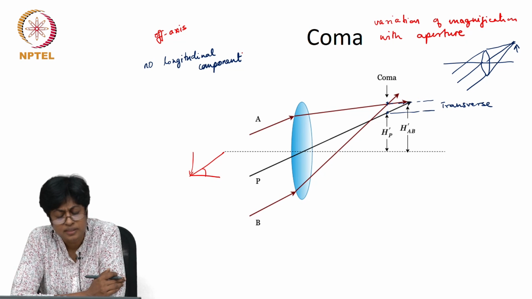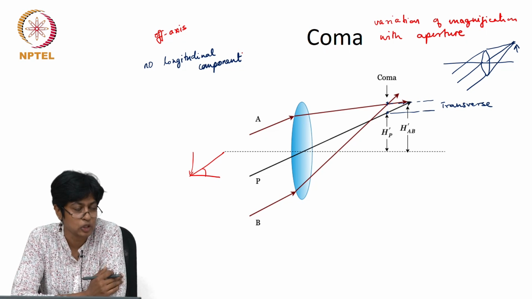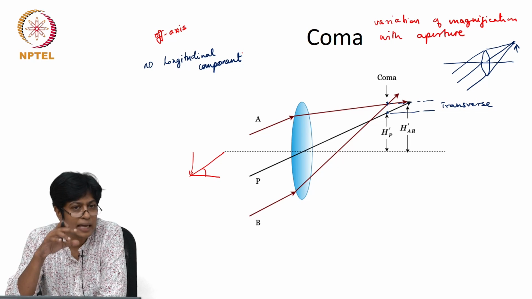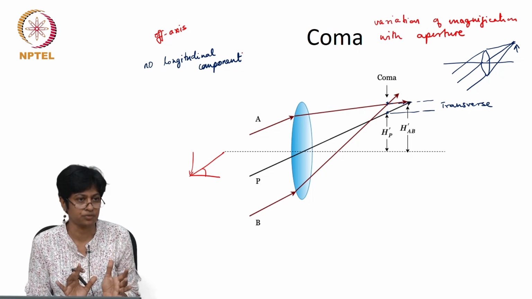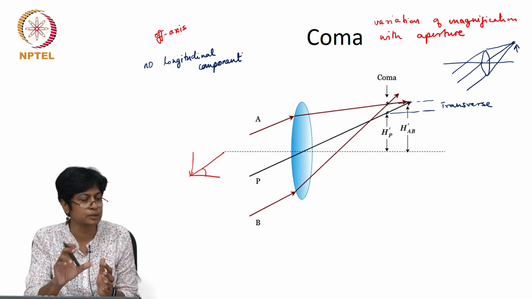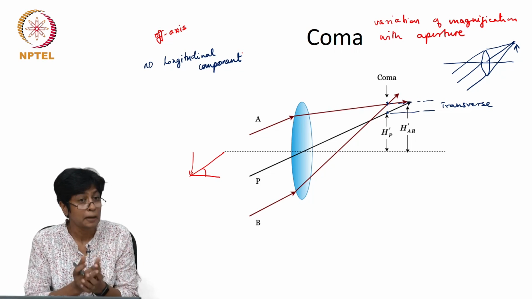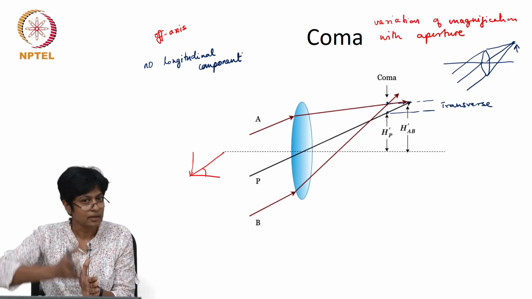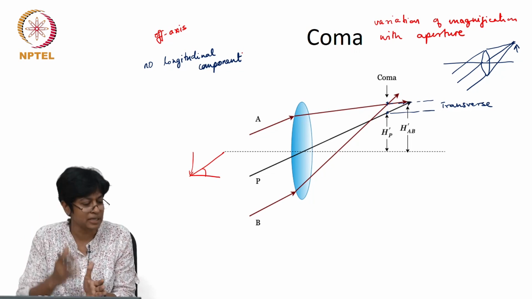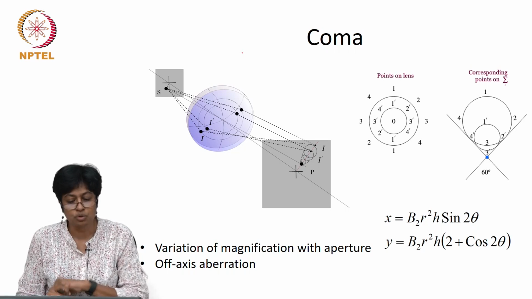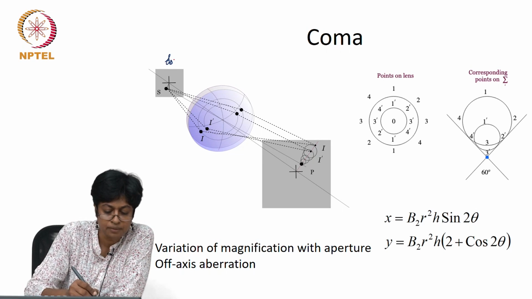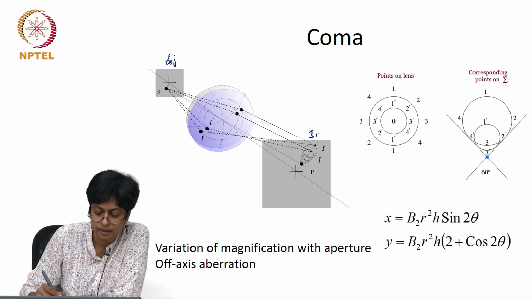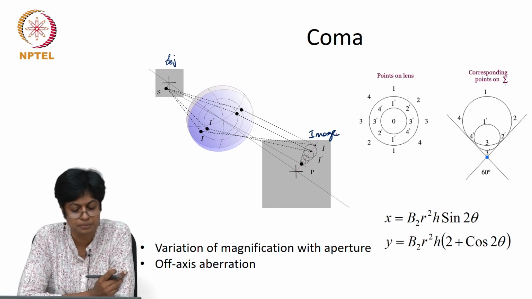Coma is a terrible aberration because, if you think about it, with spherical aberration you could locate very easily the center of gravity of your image. You had a central spot and then there's a spread around it. But coma gets spread in this direction and not symmetrically, as you will see. So this is your object plane, this is your image plane, and you have the lens in between.